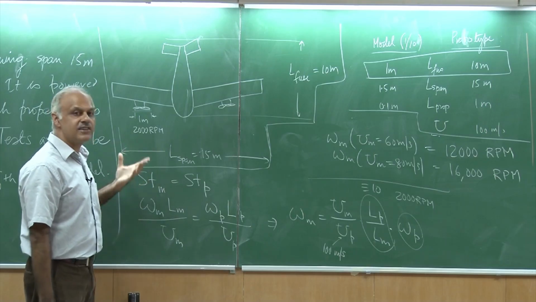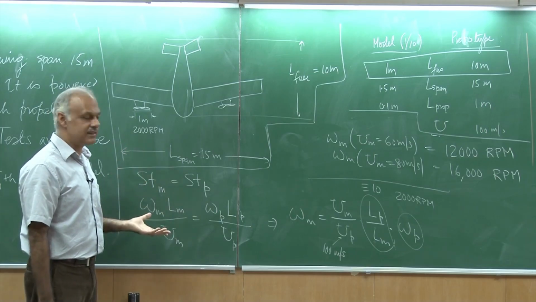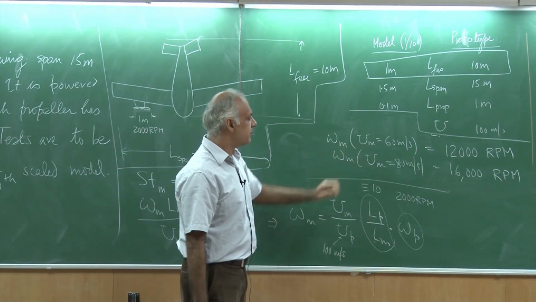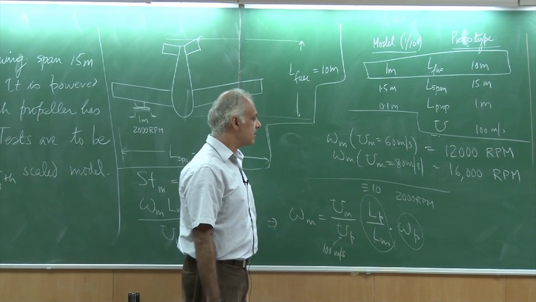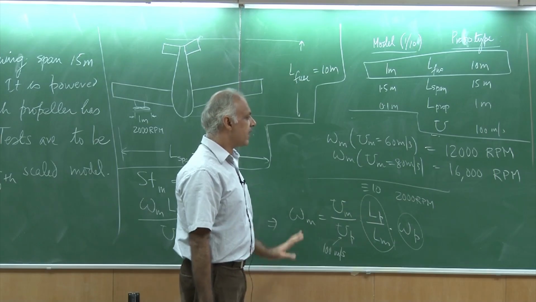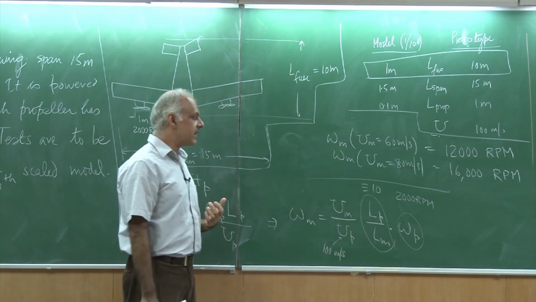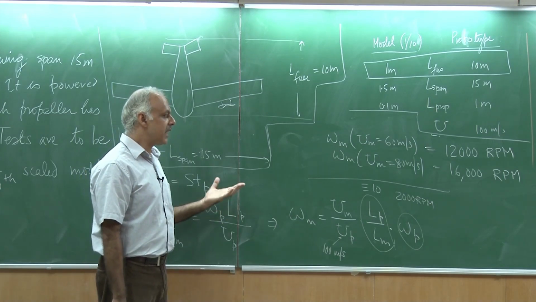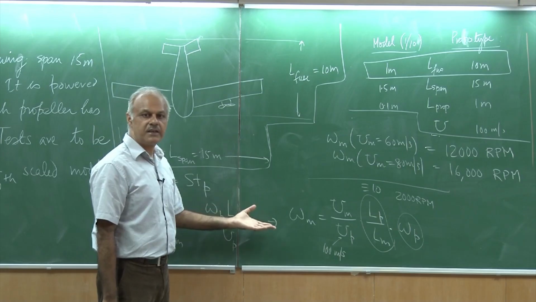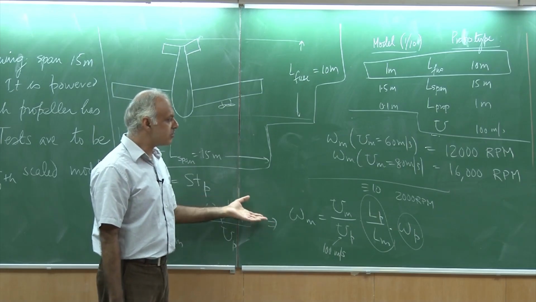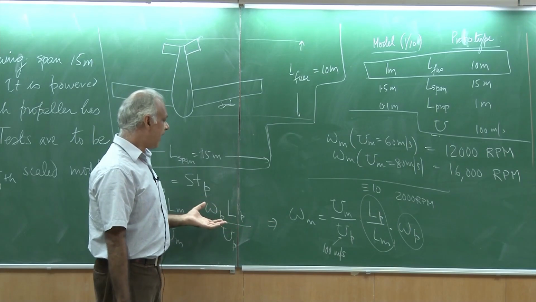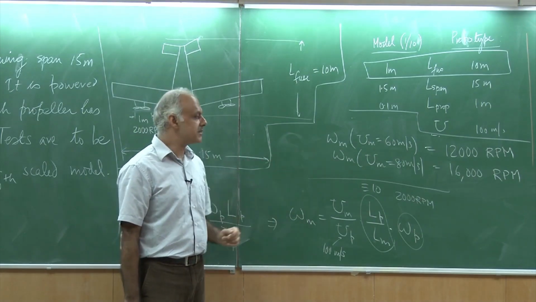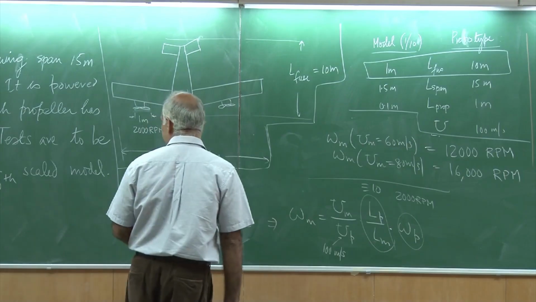And that has to be maintained for dynamic similarity. So that is why you would get omega that depends on the model speed. Alright, so for dynamic similarity you must match the Reynolds number which tells you the speed, but you are not able to, therefore you do extrapolation, and for the Strouhal number matching you must do these RPMs. Okay, so that finishes the second part.